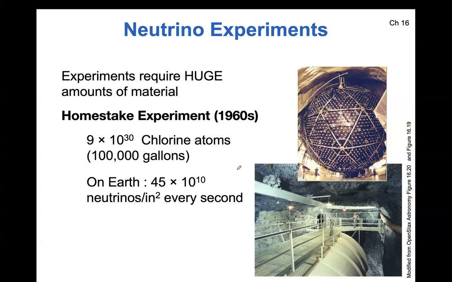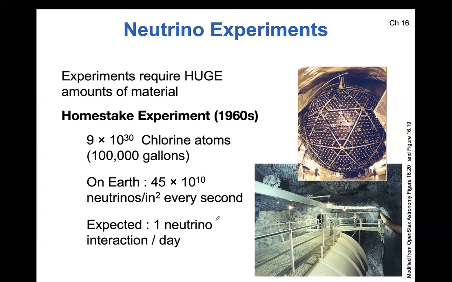And you have 45 times 10 to the 10 neutrinos per square inch passing through the Earth every second, but most of them just pass right through the Earth, the whole planet, without even slowing down. Of that number, this unbelievably large number, 450 billion, one out of that 450 billion, and that's every second, right?